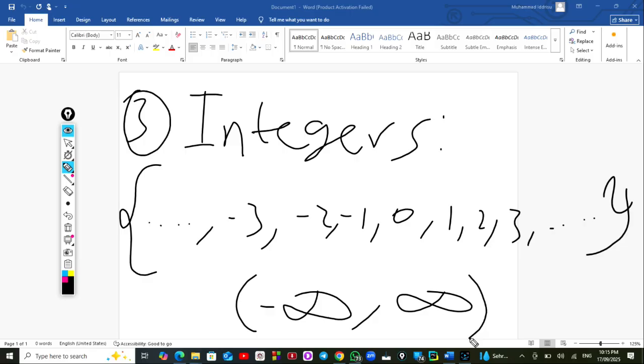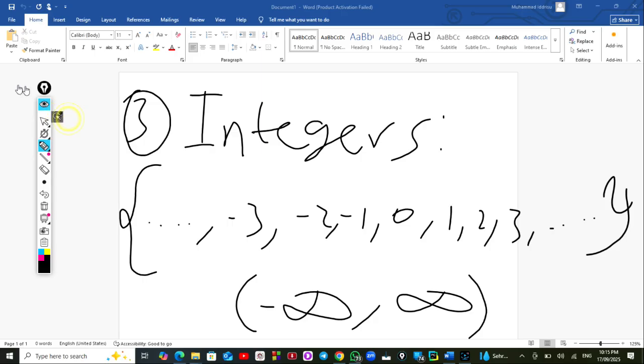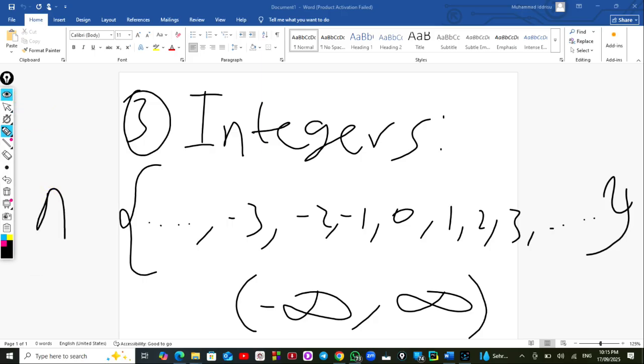So let's say this set A, let me take this away. So if these are integers, let me use the universal denotation for integers. Okay, we have something like this.